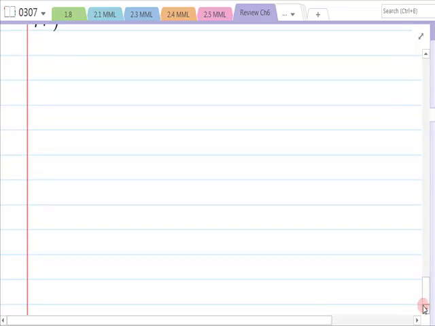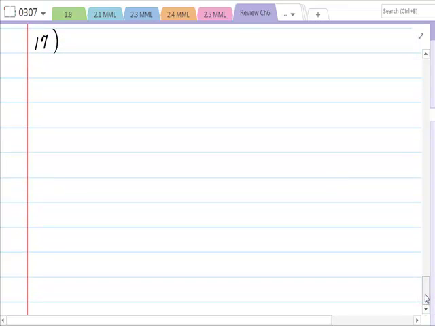Okay, let's look at 17. I have x squared minus 3x minus 40. Is there a common factor? No? All right, then I will see it as a trinomial, put down my parentheses.